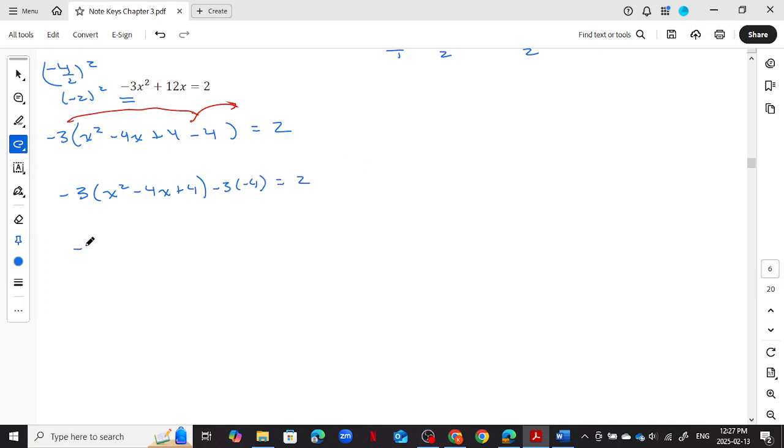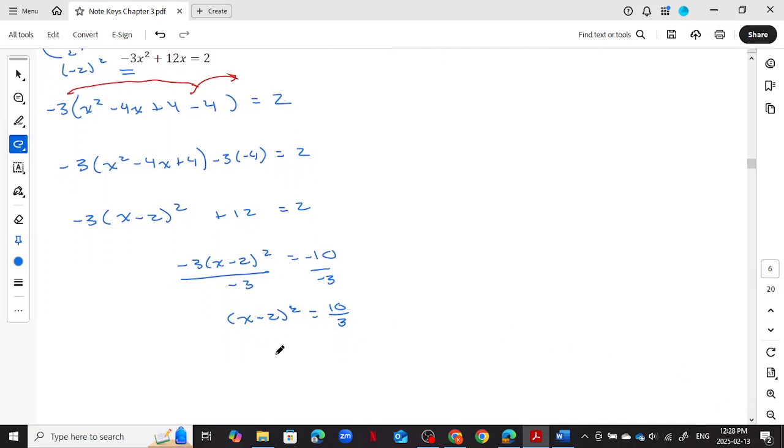And then keep going. We've got negative 3 times x minus 2 all squared. And then I've got plus 12. I've got negative 3 times x minus 2 all squared is equal to negative 10. Then I'm going to divide both sides by negative 3. That gives me x minus 2 all squared is equal to positive 10 thirds, because a negative divided by a negative is a positive.